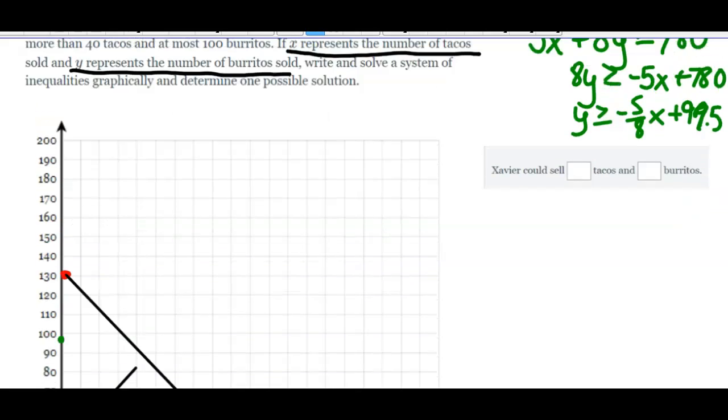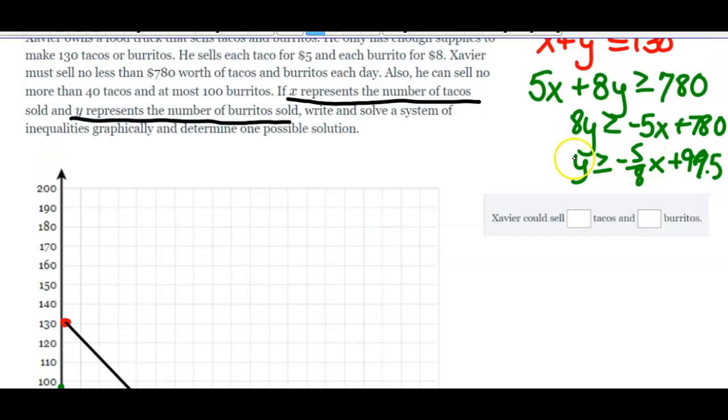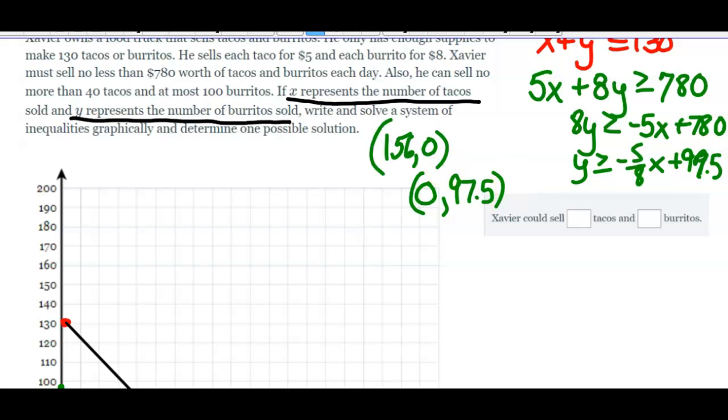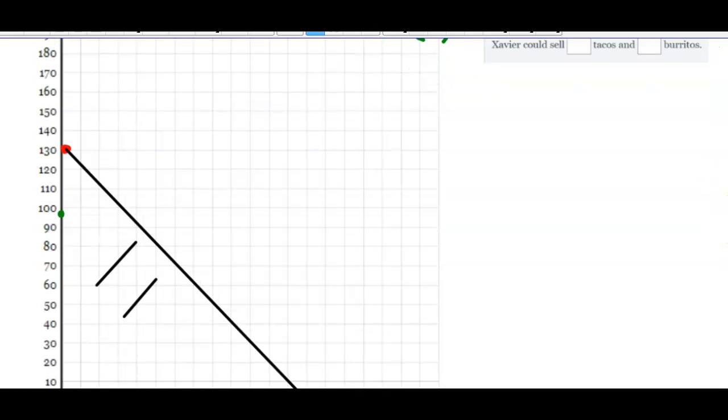Let's see if I can find the other intercept. If you put a 0 in for X, you get out 97.5. But if you put a 0 in for Y, you'd have 780 divided by 5, which is 156. I just want to be able to draw this halfway accurately.